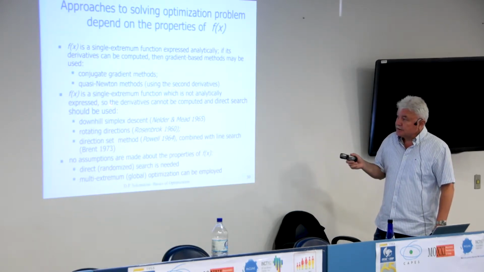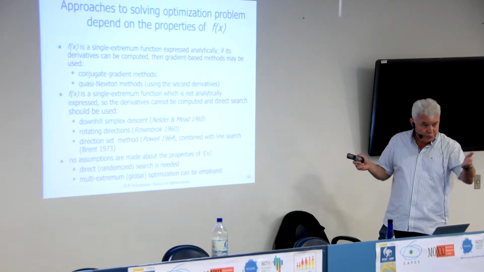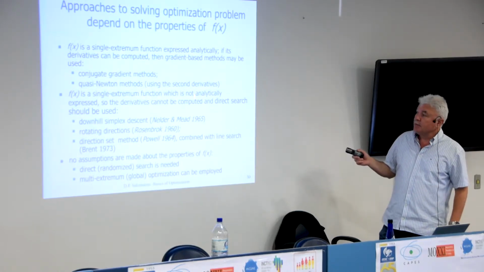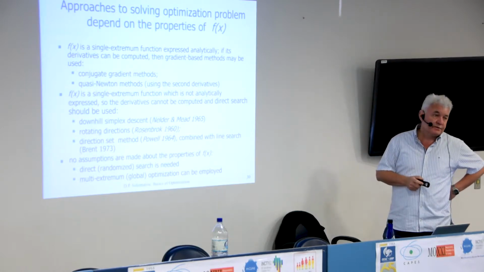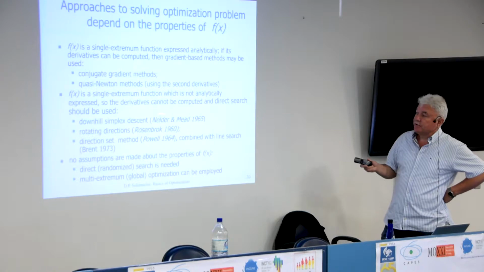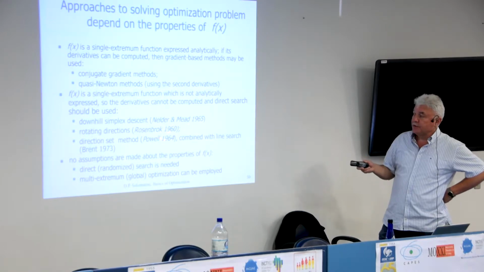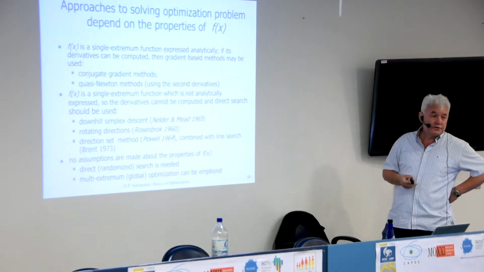So the second example is when f of x is a single extremum function. It means we assume a single minimum, but it is not analytically expressed. Okay? For this, we can use a set of methods which were developed, as you can see, long ago and still can be used.